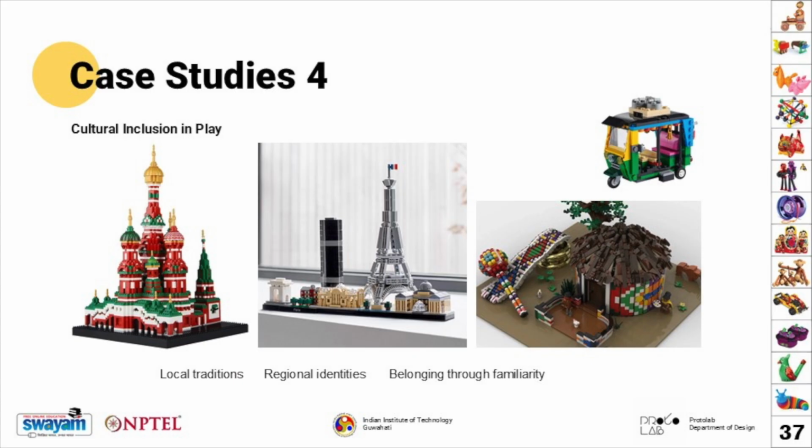No one has to relearn how to play, but the stories built on top of that system change: a Russian street, an Indian vehicle, a city apartment, a safari camp, or an indigenous tent. This gives children the opportunity to see their own lives reflected without being separated into a different toy category.